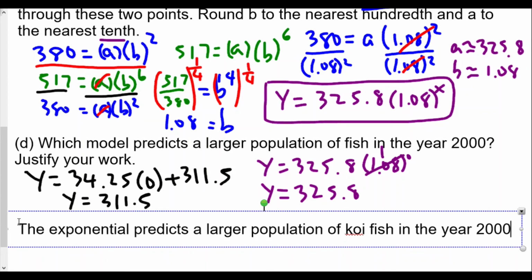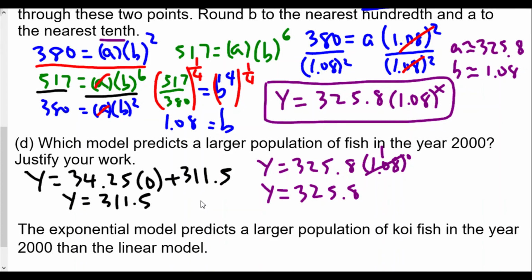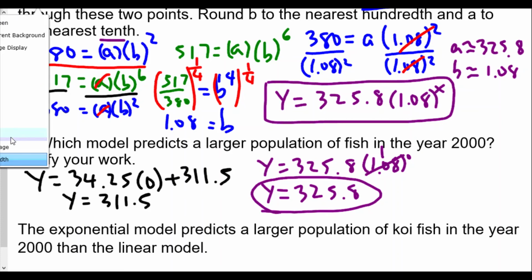The exponential model, sorry, I forgot to put the word model here. I said it but didn't type it. The exponential model predicts a larger population of koi fish in the year 2000 than the linear model, because again 325.8 is greater than 311.5. I'll make this full screen so you guys can see everything here.